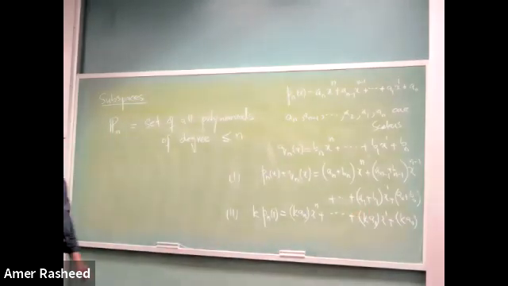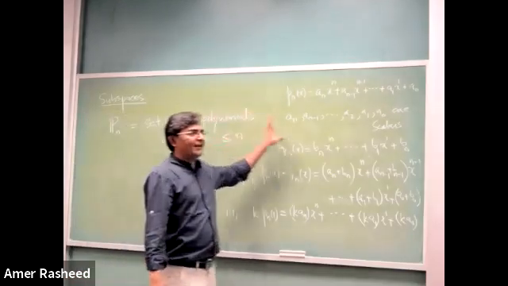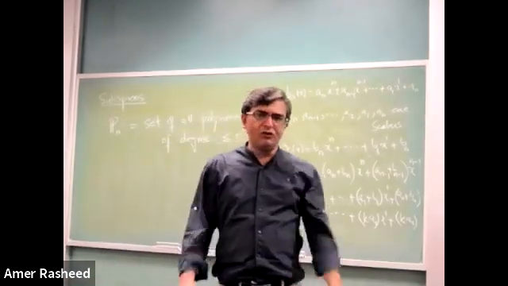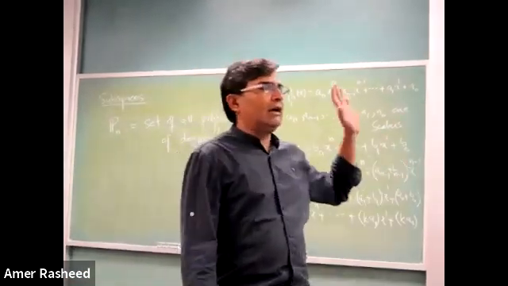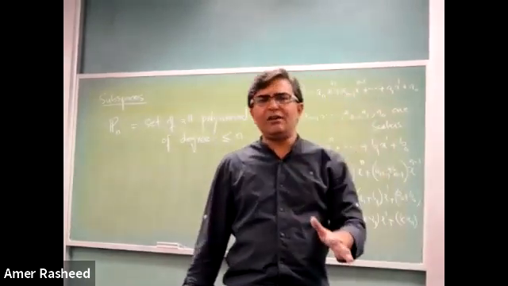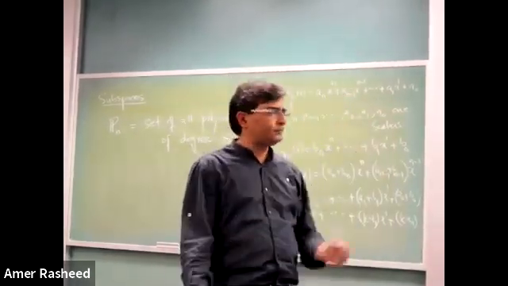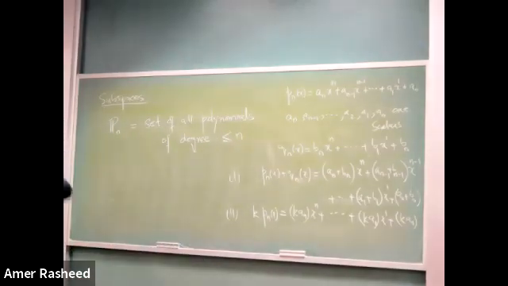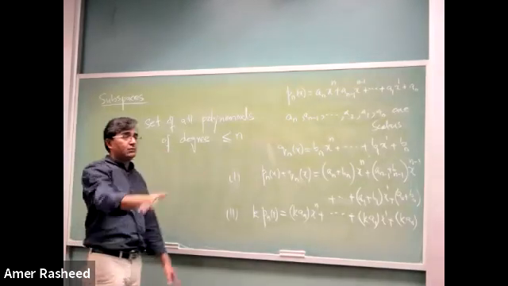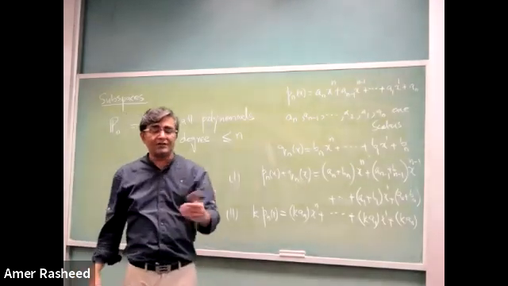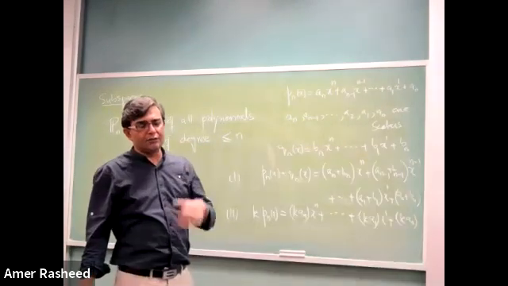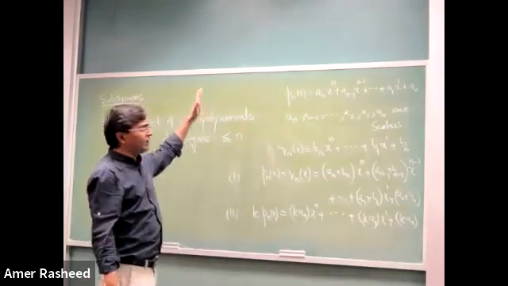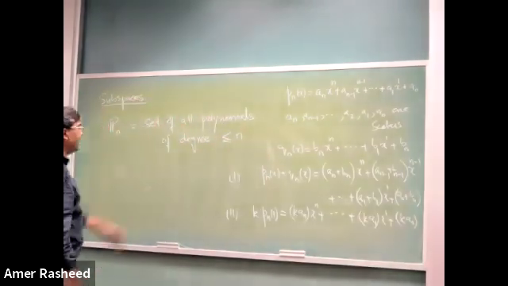We can prove that this set is a vector space by using these two operations of addition and scalar multiplication. I hope you can prove it. If you are unable to prove it, you can ask the TA in the tutorial to help you prove all the 10 properties for this set.